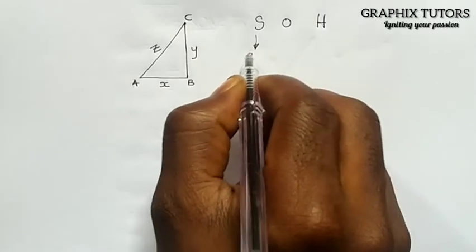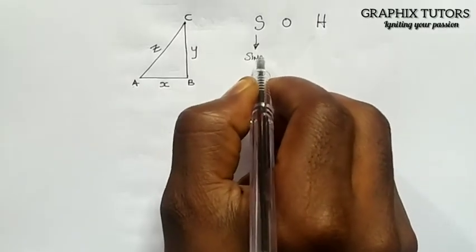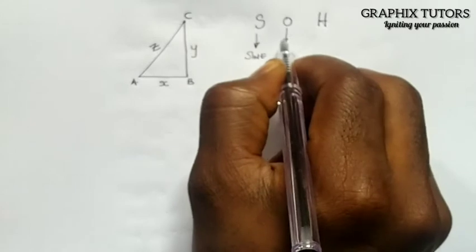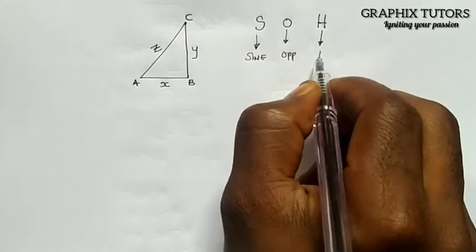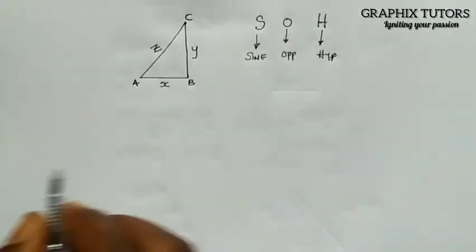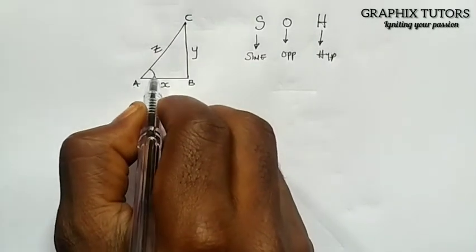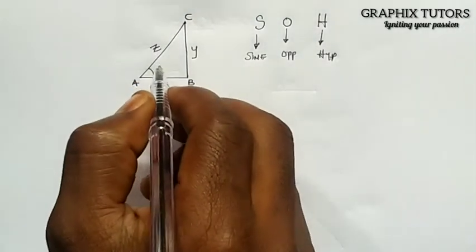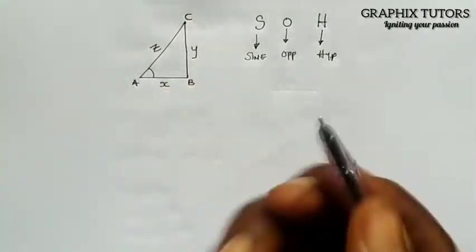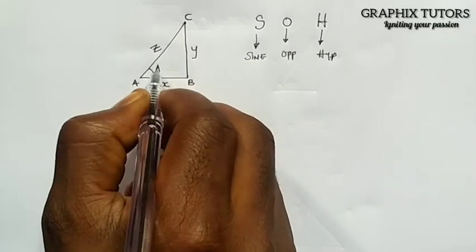The S stands for sine, the O stands for opposite, and the H stands for hypotenuse. So if I place this angle here, it can be anything. It can be theta, it can be beta, just like I showed you.